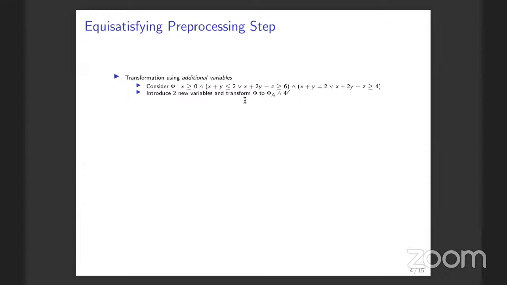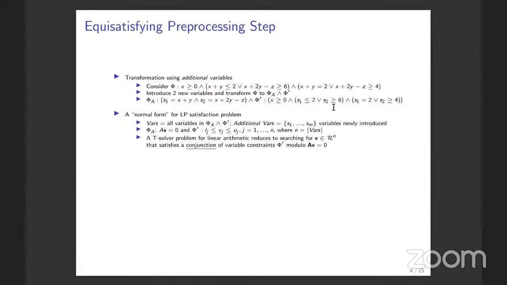So you introduce two new variables and transform phi into a formula of the form phi a and phi prime. So phi a is a set of equalities between the new variables that have been added and the function terms that they denote, as here, x plus y and x plus 2y minus z. And then you replace those terms in the formula with the new additional variables, so that all your inequality constraints will be on either the original variables or the newly introduced variables.